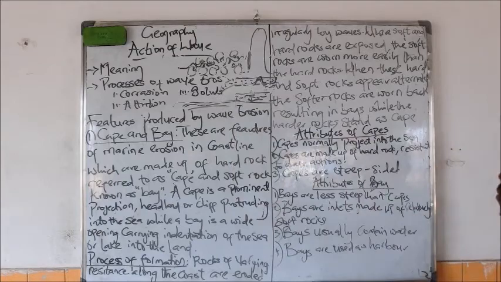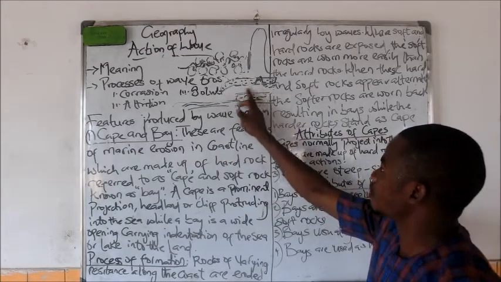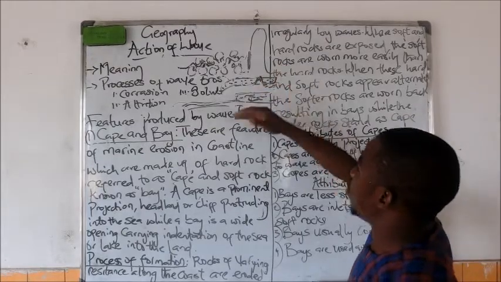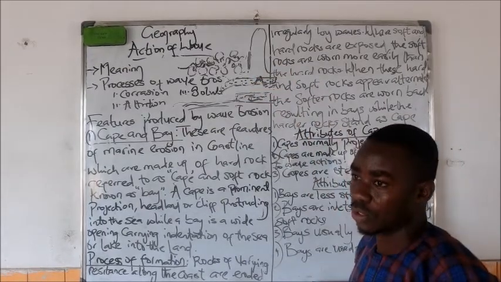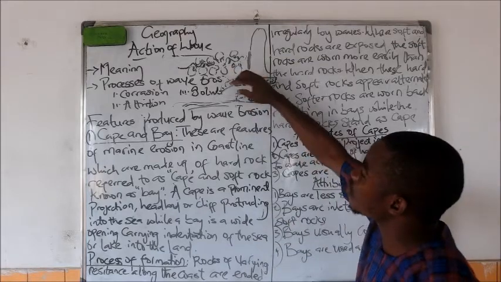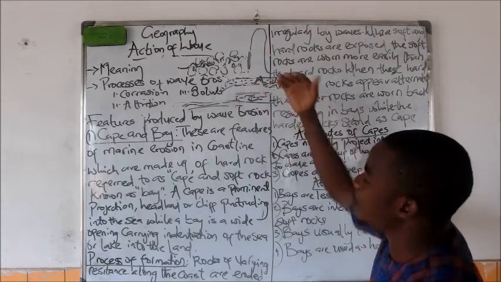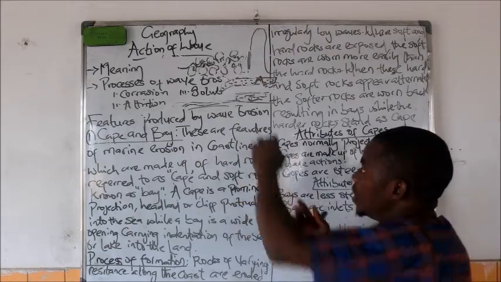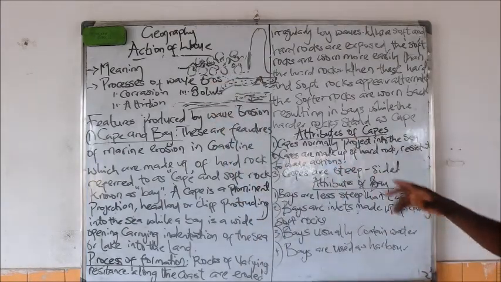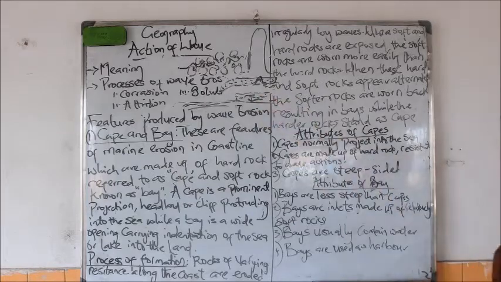But if it is a bay, when the water gets there, it washes it out. Because of the high resistance, the only thing that waves will be doing here is shaping it to form this structure. But in terms of a bay, the water wave gets inside and washes it out.